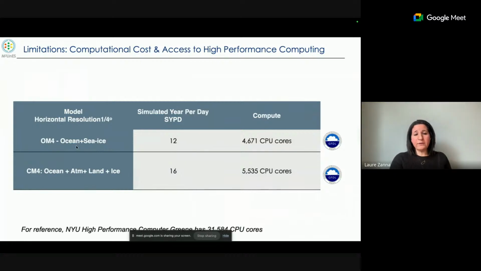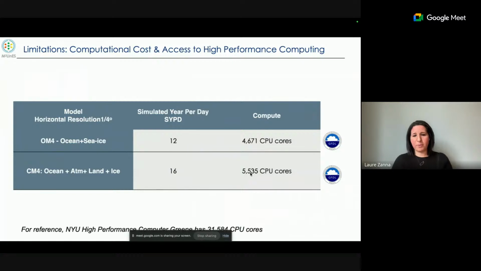So if you were to run the ocean only plus sea ice, you would simulate 12 years per day, and you would need close to 5,000 CPU cores. If you were running the same resolution, 1/4 of a degree, so again, 25 kilometer by 25 kilometer horizontal resolution, for the ocean, atmosphere, land, and ice, 16 years per day, over more than 5,000 CPU cores.